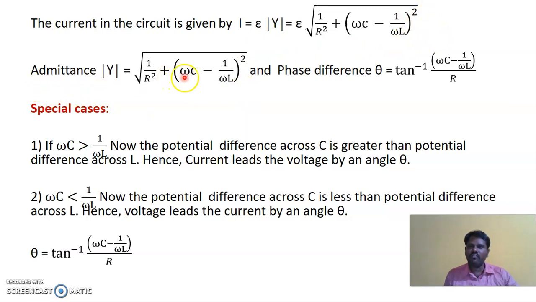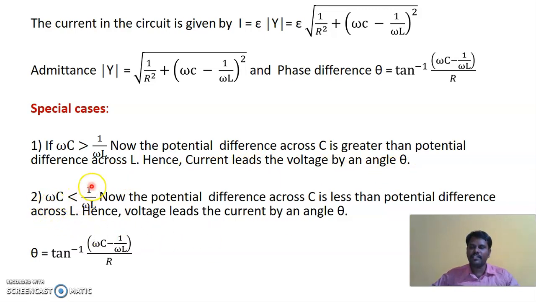Depending upon the values of omega C and omega L, there is a phase difference between current and voltage, which is represented by theta is equal to tan inverse of omega C minus 1 over omega L over R. In case omega C is greater than 1 over omega L, the potential across C is greater than the potential difference across L, hence the current leads the voltage by an angle theta.